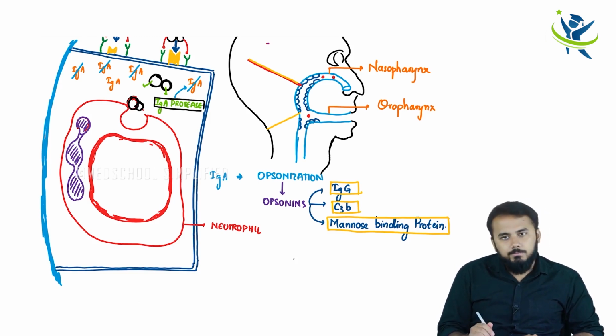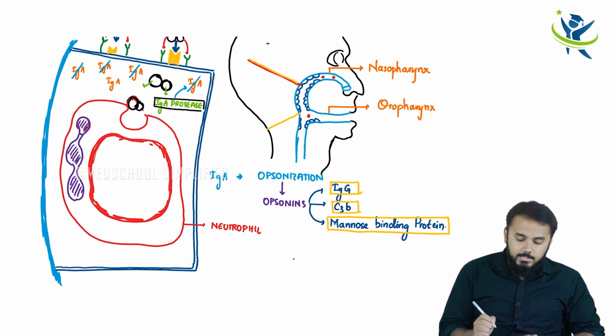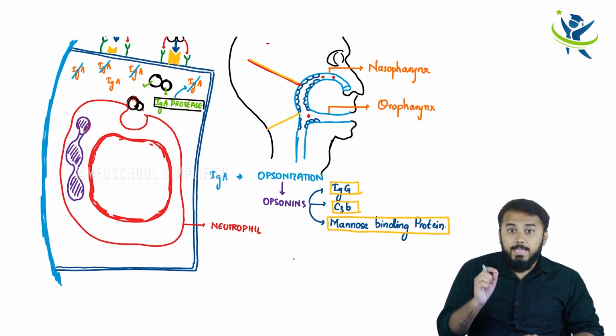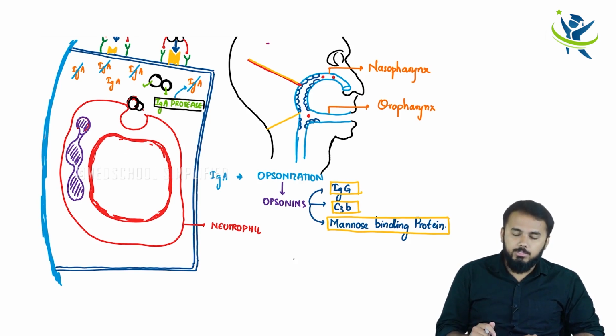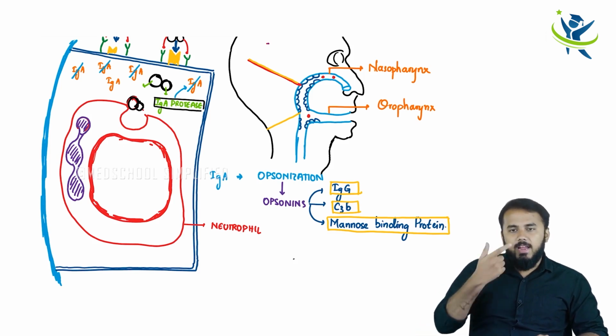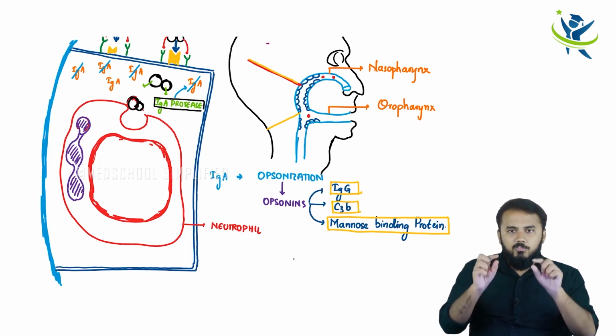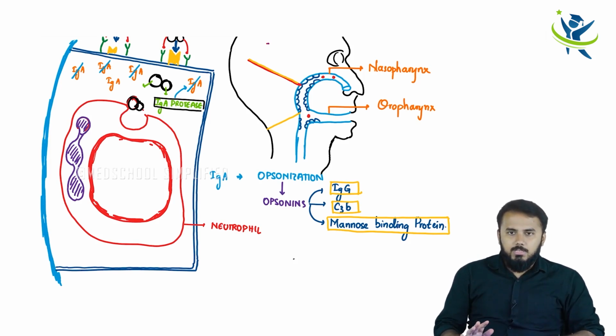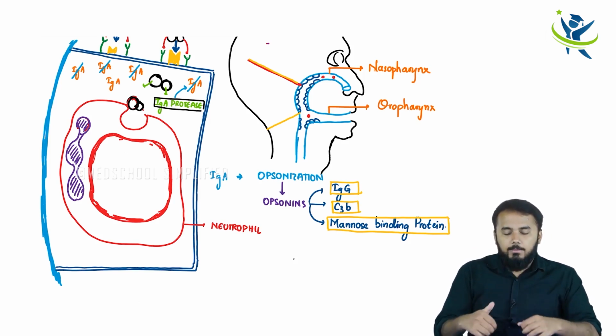Now you know what happens here? The important thing you need to know is that within this phagosome, there is H2O2, that is hydrogen peroxide. So guys, let us brush up all these things. Bacteria in the nasopharynx, with the help of pili and opacity proteins, got attached to the surface, and now the cell has taken it up inside.